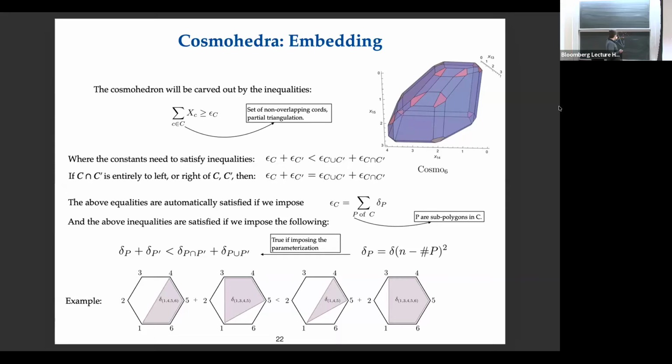Like at 5 points, you get just x13 bigger than epsilon, x13 plus x14 bigger than epsilon, and the same for all the other possible chords. So now the question is, how do you find these epsilons? Just demand that a single vertex exists. So if, for example, here you demand that this vertex exists, that saturates 2 facets, this one and this one. And then you can easily obtain a constraint on the epsilons.